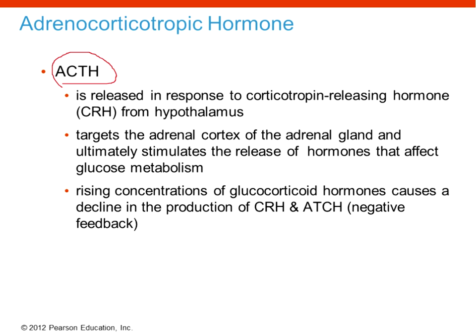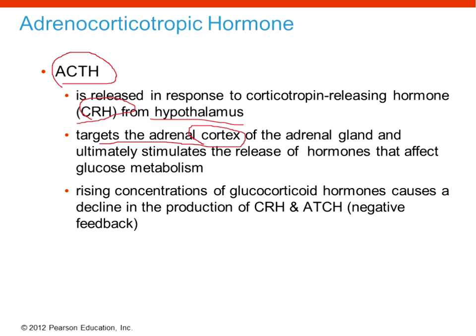All right, next one is ACTH. ACTH is called adrenocorticotropic hormone. It is released at the adenohypophysis in response to CRH, corticotropin releasing hormone, from the hypothalamus. So same thing. Starts with the hypothalamus releasing CRH. That causes ACTH to be released.